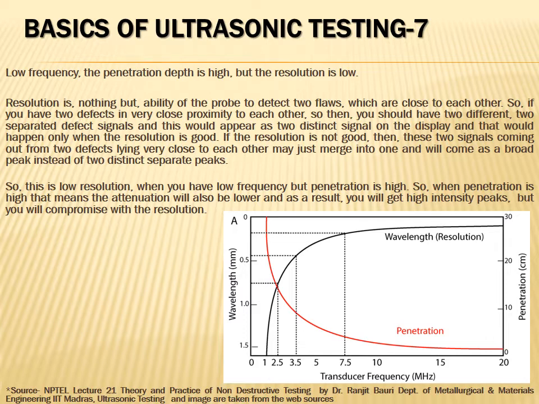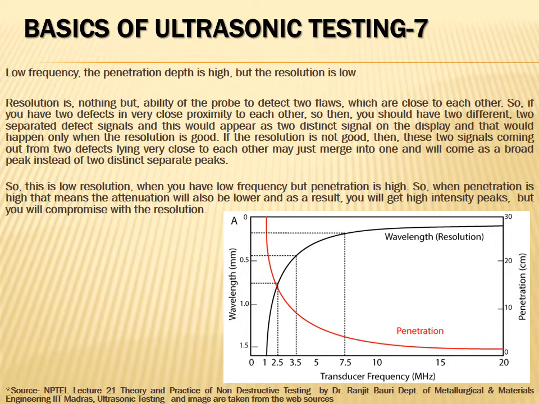In the case of low frequency, the penetration is high, as you see on the graph as well. That means the attenuation is also lower, so a high intensity peak is generated.